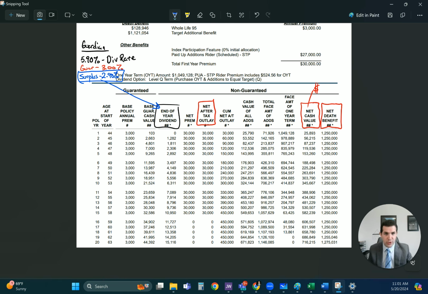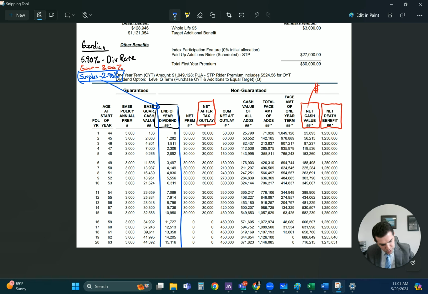Here's the easy way to do it, where you don't have to try and see exactly what the guaranteed interest is, what the dividend is, because you won't get all of that from a life insurance company. What they tell us is what the surplus is, which is the dividend column, but do you see the guaranteed interest anywhere? You don't. And you typically do not see that with life insurance illustrations or on your online portal, your annual statement. Like, they're not going to give that information.